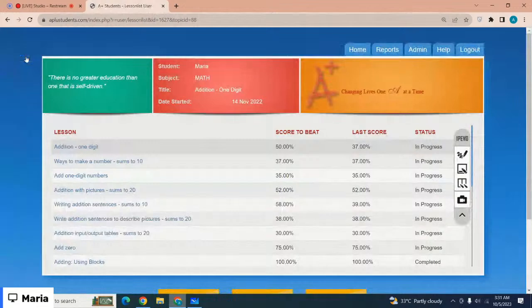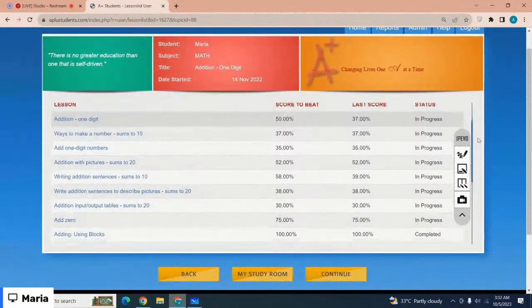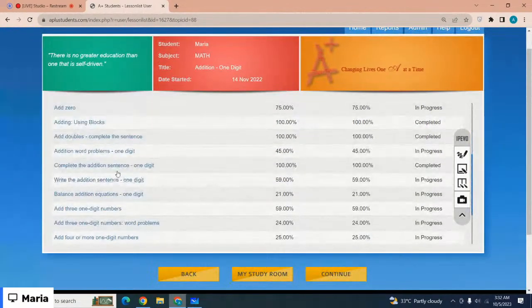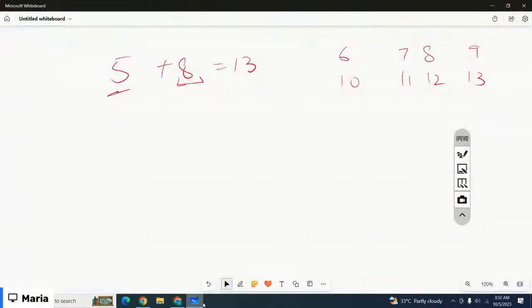The next lesson is complete the addition sentences, one digit. So now you are given sentences, but one of the numbers is missing, right? You have to find the missing number.